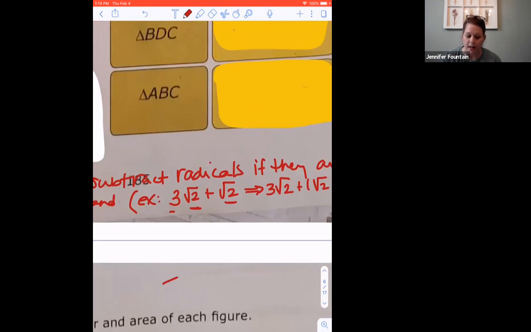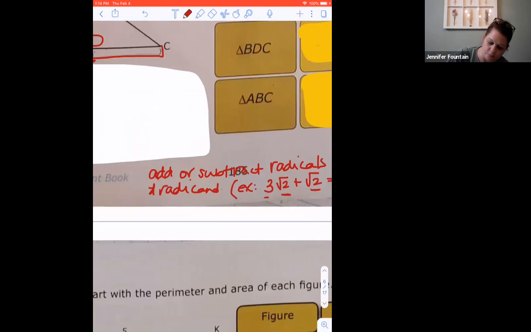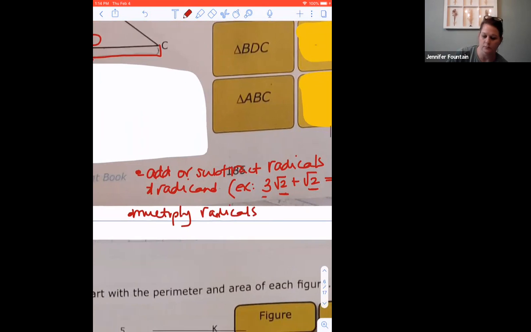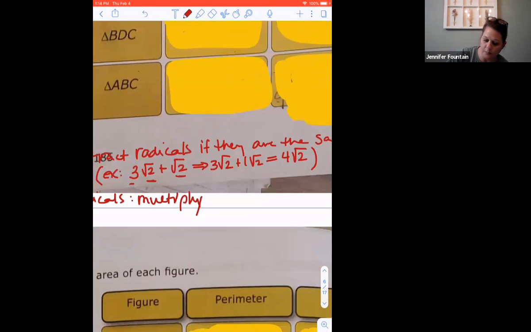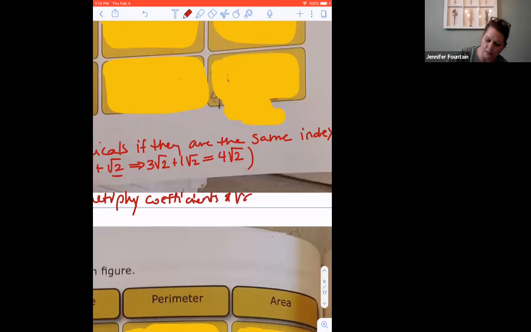Now, to multiply radicals, you multiply the coefficients together. Those are the numbers outside. Multiply coefficients and radicands.